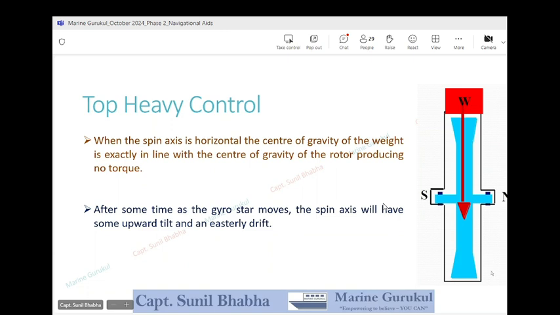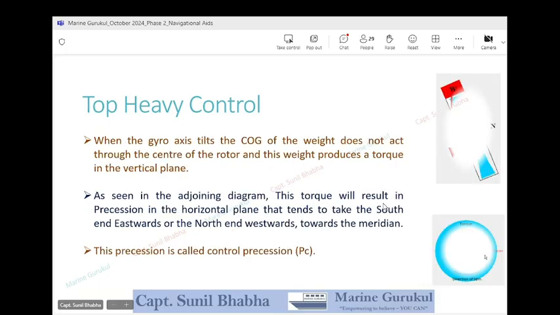Moving ahead now. Now please take your attention to this diagram on top. As soon as the gyro spin axis tilts upwards, you can now clearly see that the center of gravity of the weight does not act through the center of gravity of the rotor.